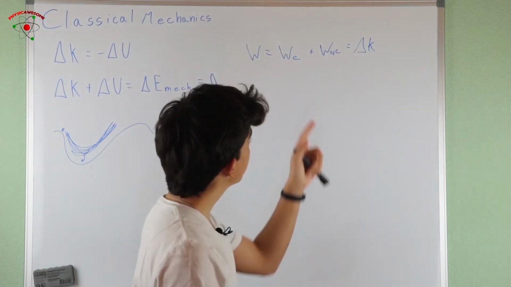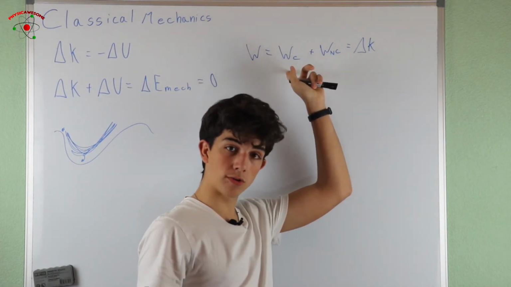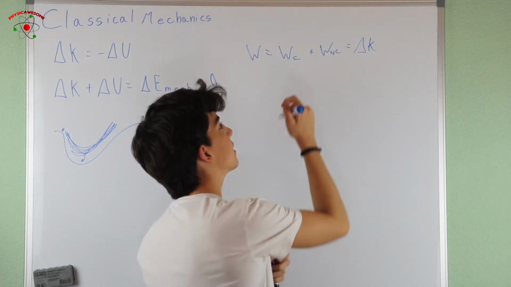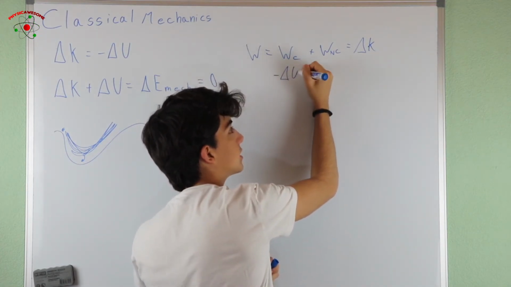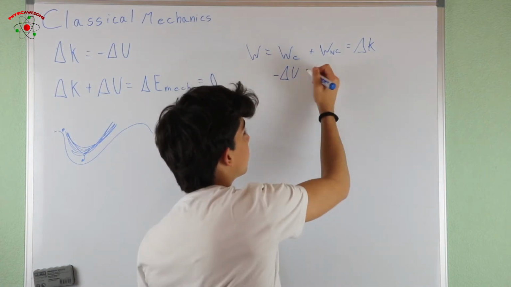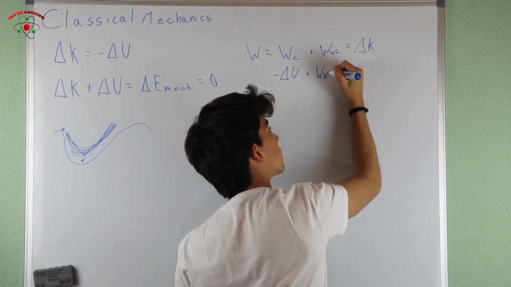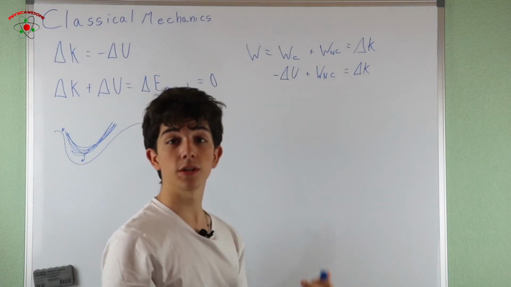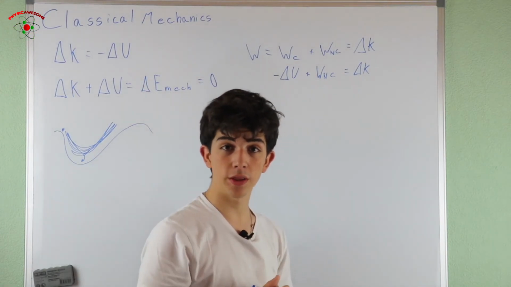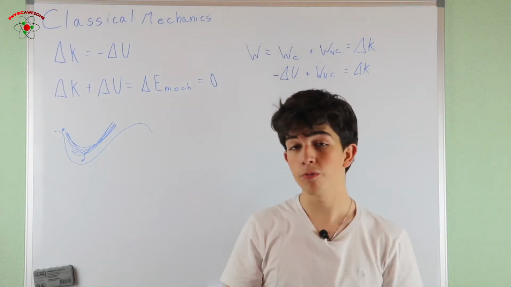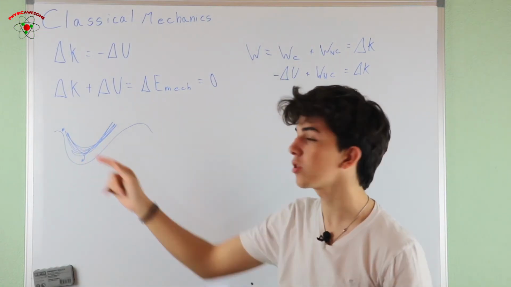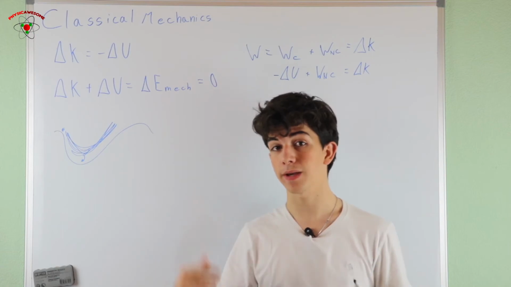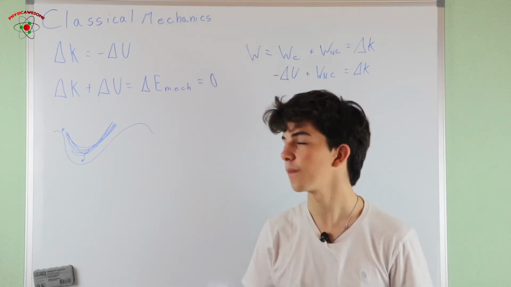Therefore, what we find is that this work conservative is indeed equal to minus the change in potential energy. But we have this component that wasn't there before, and is usually represented, as we talked about in other videos, as friction. Friction is the reason why this ball stops and why the change in mechanical energy is not 0.